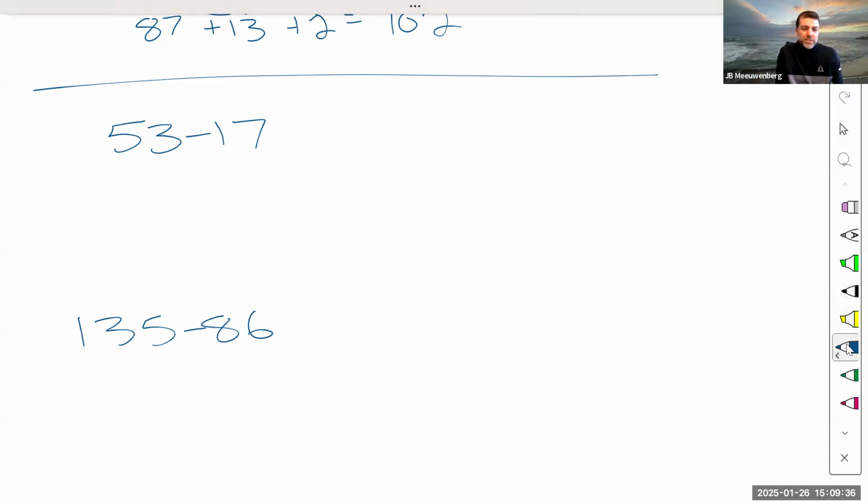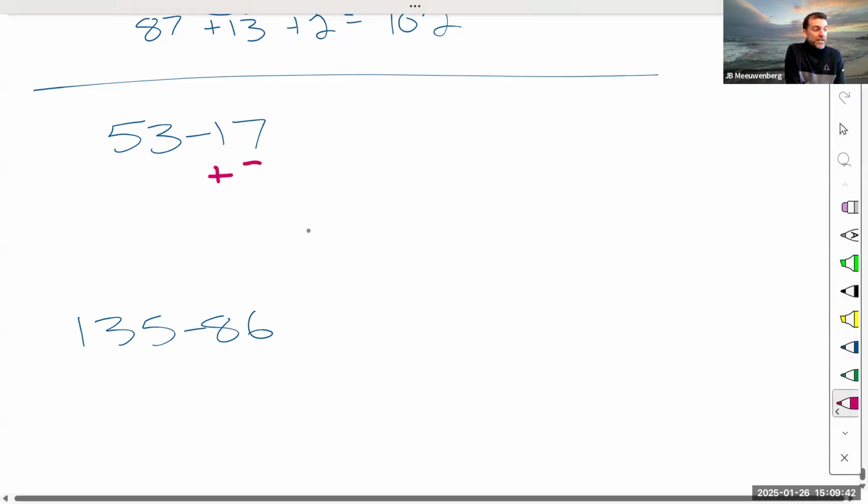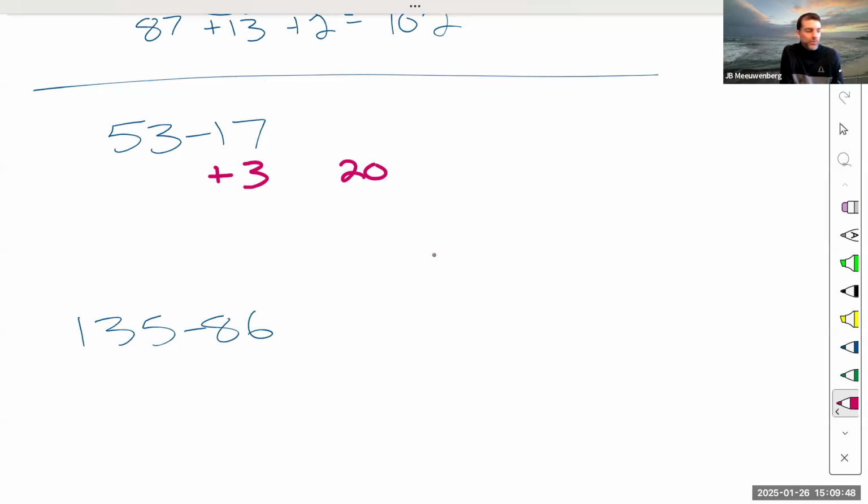So for this first one, let's see what you did. 53 minus 17. The first thing you might do is add 3, because that gets you up to 20. And use any notation you want to do here. Then I have to get from 20 up to 53. Maybe you go incrementally. Maybe say, okay, I just need to get up to 50.